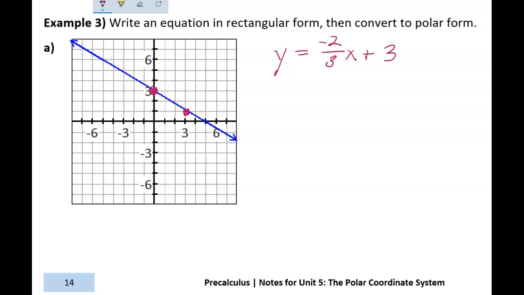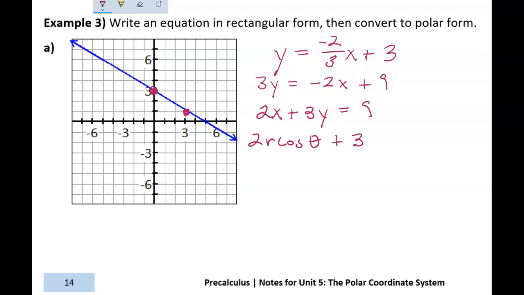It's easiest to convert into the equation of a line if it's in standard form. So let's clear those fractions, multiplying by 3, and then move the x and the y terms to the same side of the equation. Replace the x with r cosine theta, and replace the y with r times the sine of theta.